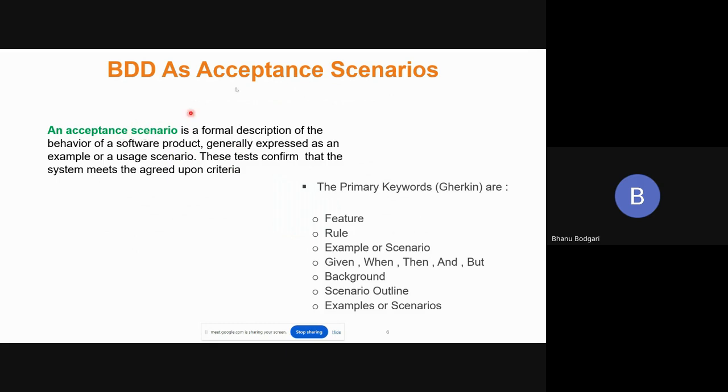That is nothing but an acceptance scenario. So we have a user story, and now we have acceptance criteria. During the same discussion, we should try to arrive at the acceptance criteria. The acceptance criteria is nothing but a formal description of the behavior. So it is the behavior of the product, generally expressed in the usage scenario.